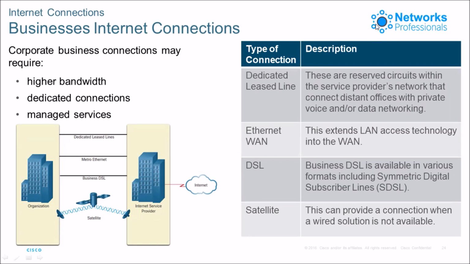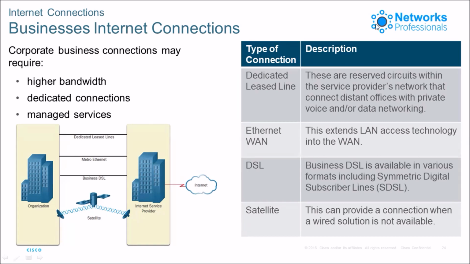Dedicated leased line. Leased lines are reserved circuits within the service provider's network that connect geographically separated offices for private voice and data networking. The circuits are rented at monthly or yearly rates. Metro Ethernet, or Ethernet WAN.